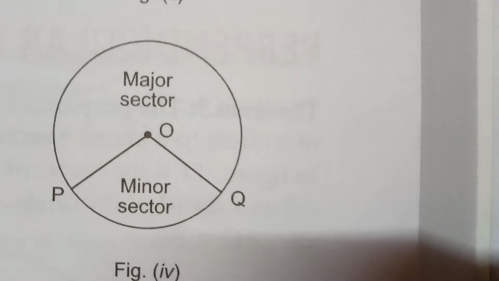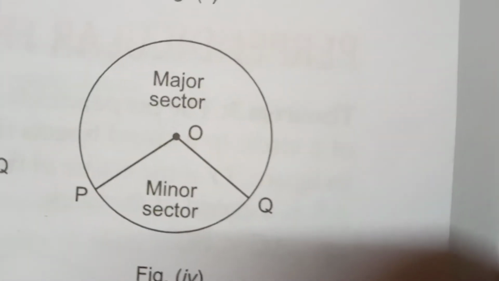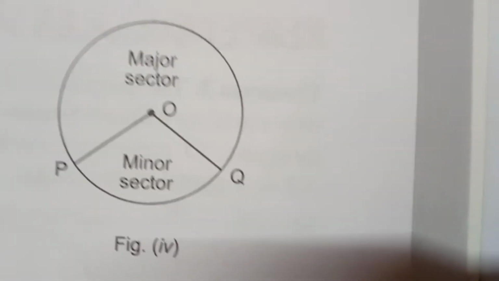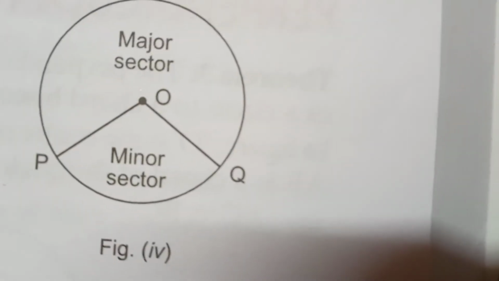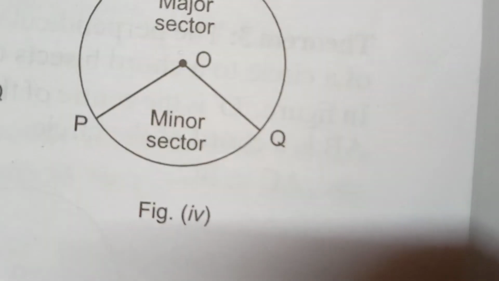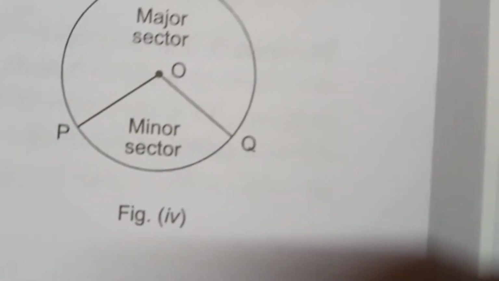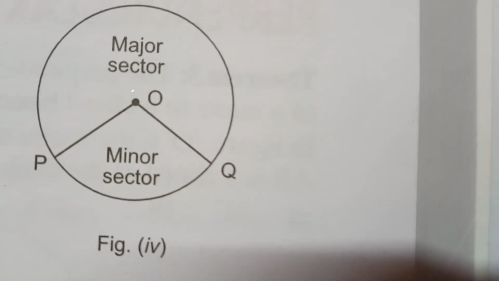Here also we have a minor sector and a major sector. If the arc is minor, we call it a minor sector. If the arc is major, we call it a major sector.